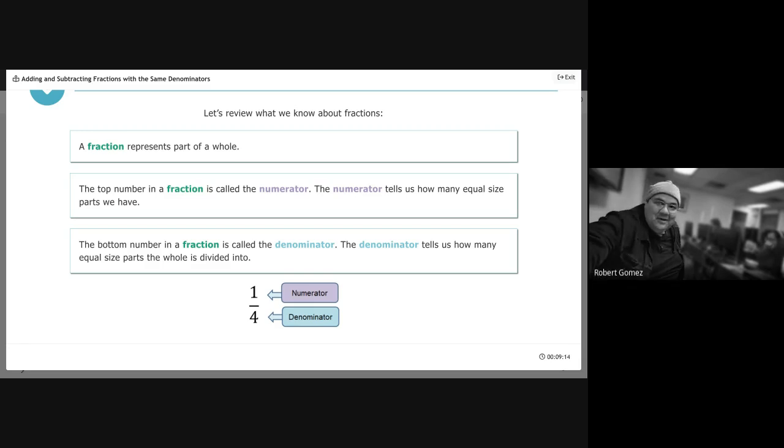That's how the numerator works. The top number gets smaller as less space is available. So that's kind of how it works. Okay, so there we go.